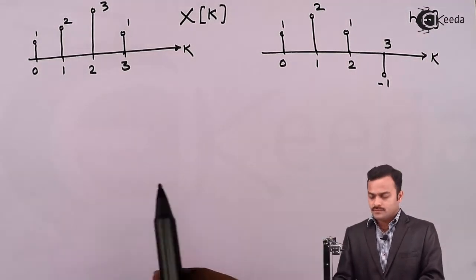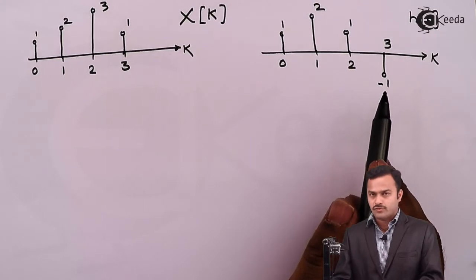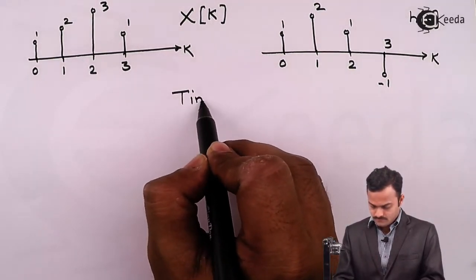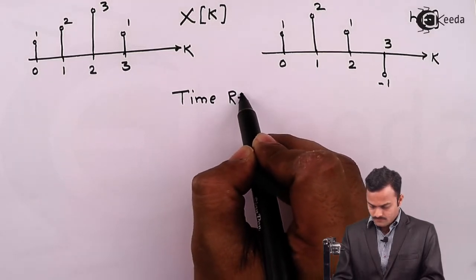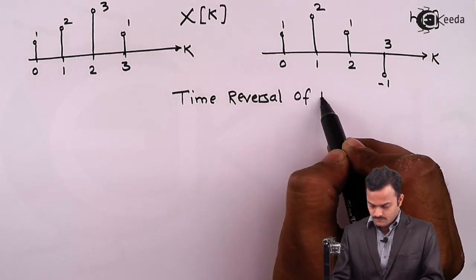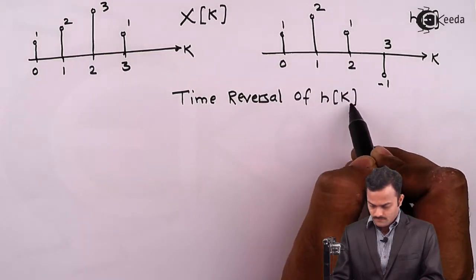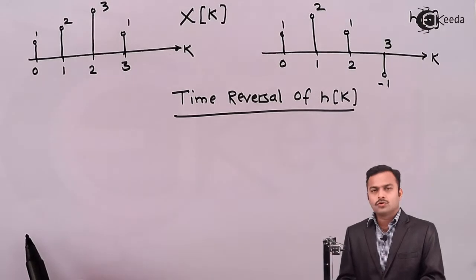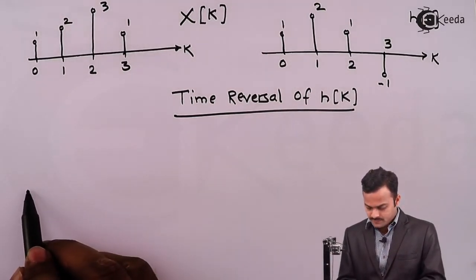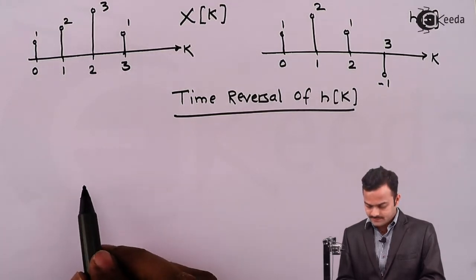Now second step, we need to do time reversal of h of k to obtain h of minus k, so we have a signal like this.